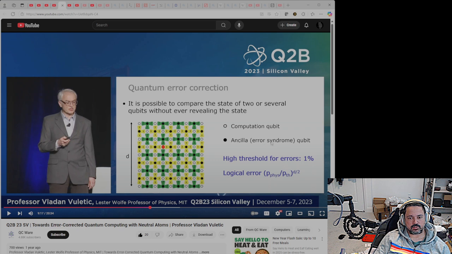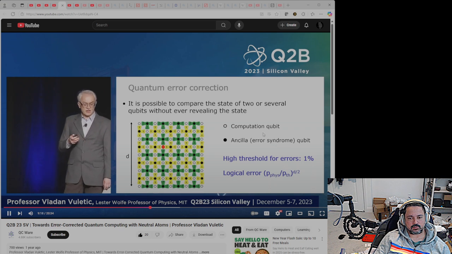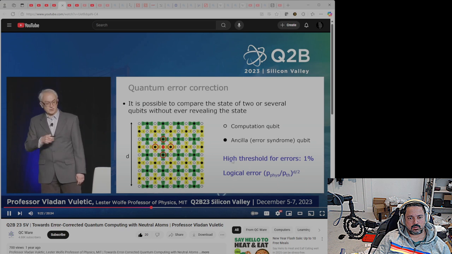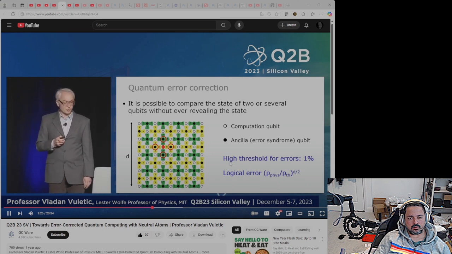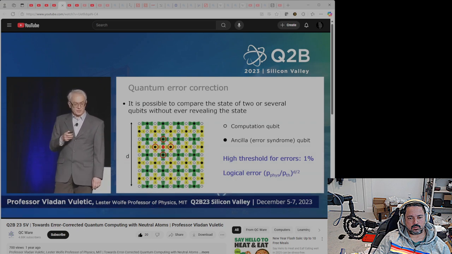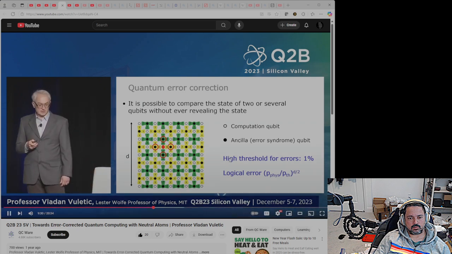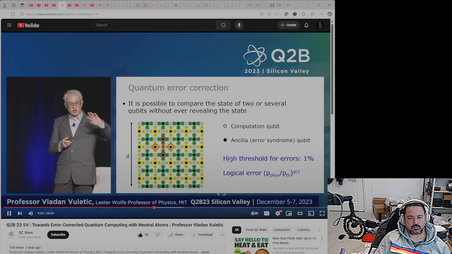So high threshold for errors. Due to an error, then the code is set up in such a way that the measurement qubits around it will light up, will change state. And so by measuring the ancilla qubits around it, you can in principle infer that this qubit has flipped. And then without ever looking at it, you can just flip it back.